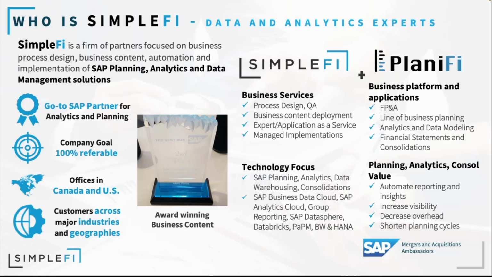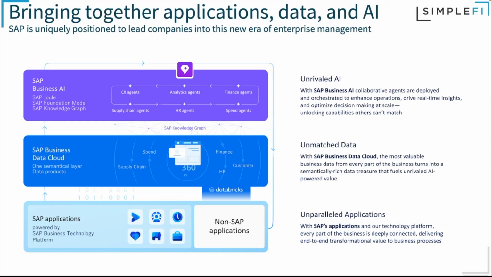Now, with the Business Data Cloud strategy, obviously, we've started investing a little bit more in tools that will enable customers to move from their on-premise or private cloud environments to a full Business Data Cloud hosted solution. When you look at SAP Business Data Cloud, this is really where you have your semantic layer and all your data within your SAP environment.